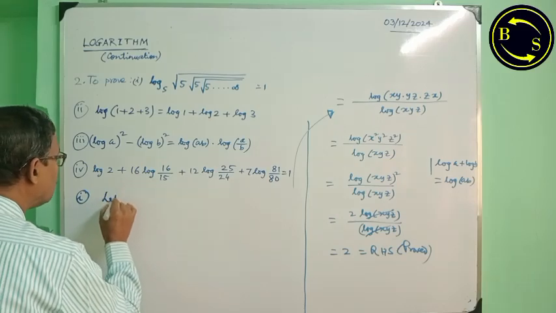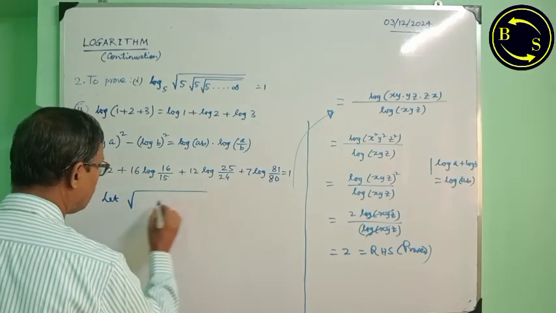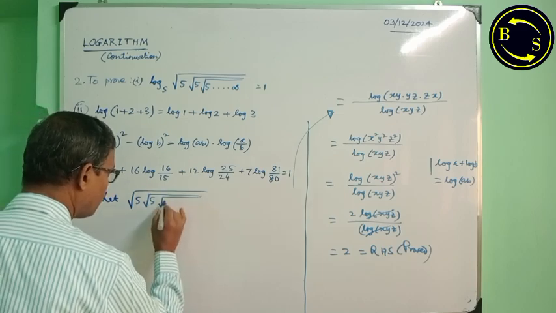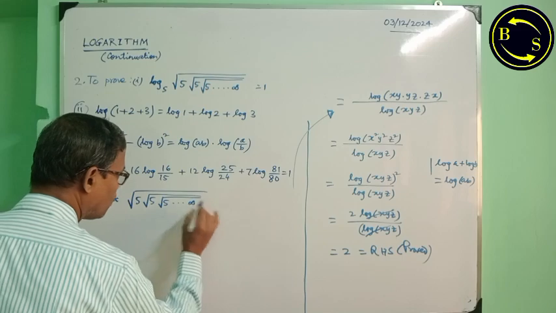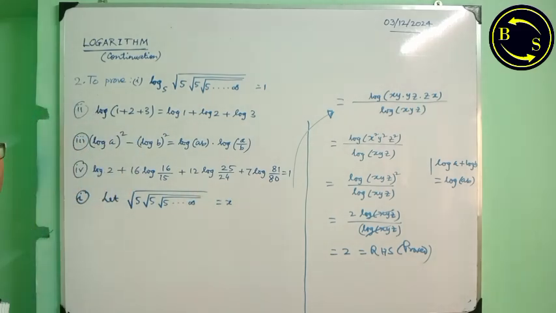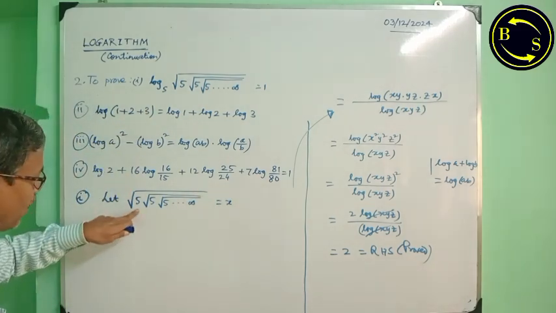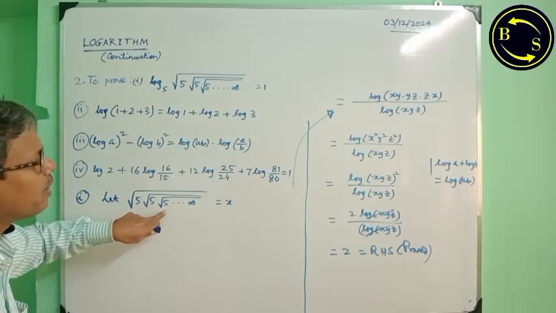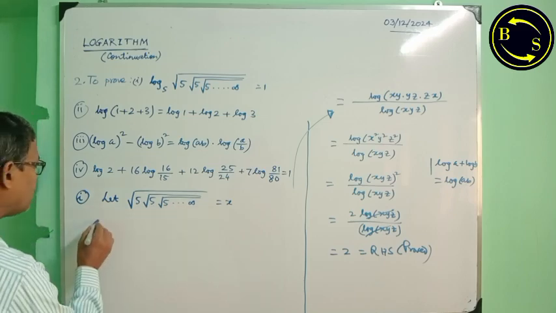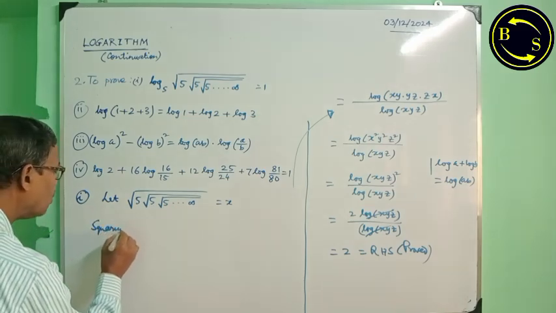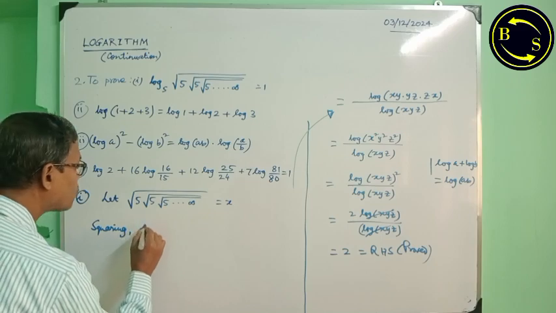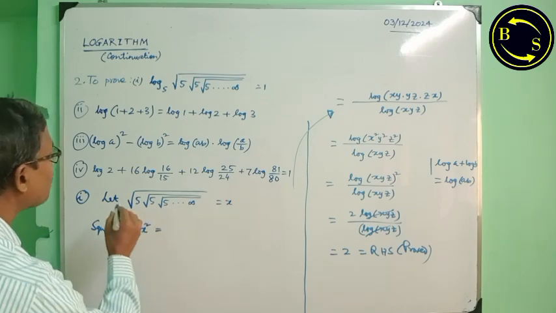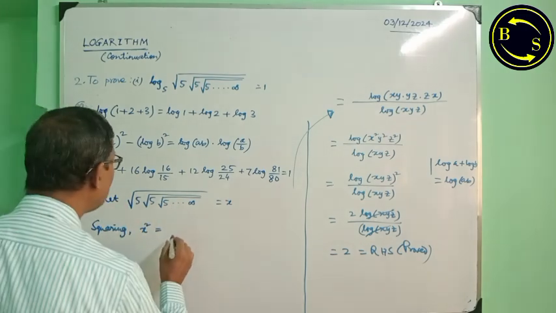Let us calculate the value of root 5 into root 5 into root 5 to infinity. Squaring, x square equal to 5 into the square root sign, outmost 1 will be removed.